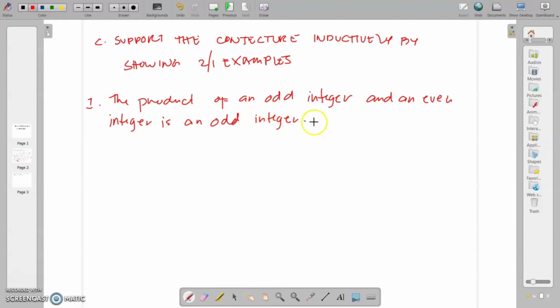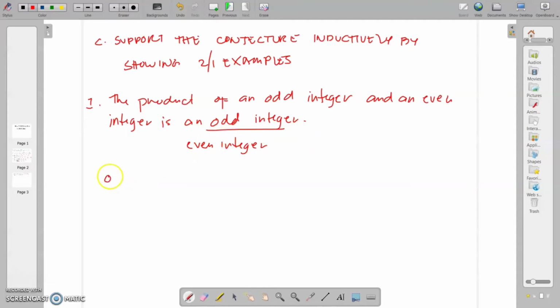In other versions of the question, the product of an odd integer and an even integer is an even integer. But in the book, it says odd integer. So, one way of solving that is odd with odd, or even with even.